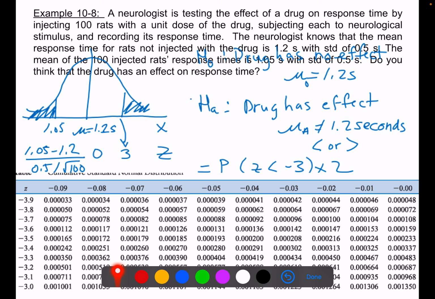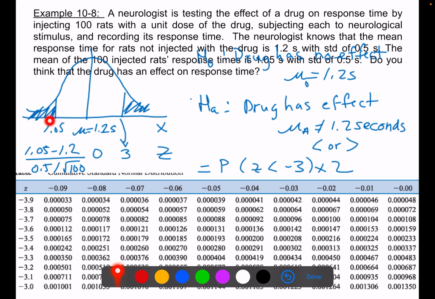Then we look at the table to see what area under the curve corresponds to a Z of 3. For 3, we have to look at the very last row, last column, sorry, and that probability is here, 0.001, right?